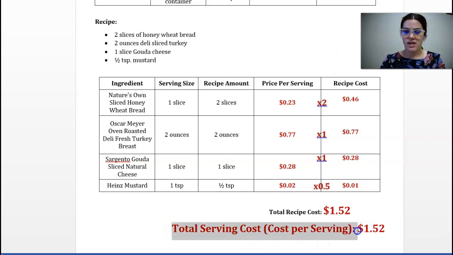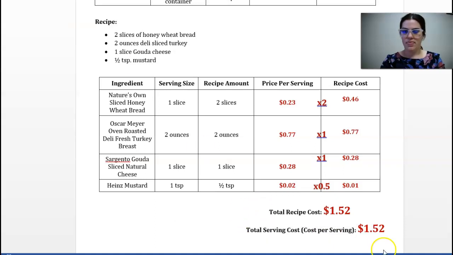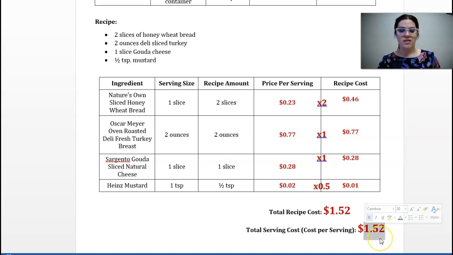The difference is that if this recipe made 2 sandwiches, you would divide the total recipe cost by 2 to estimate the cost per serving. So if you divided $1.52 by 2, there would be about 76 cents per serving. That would be like half of a sandwich at about 76 cents.